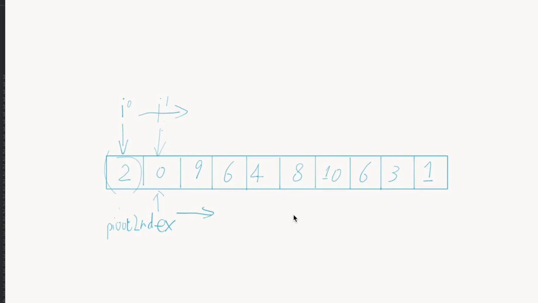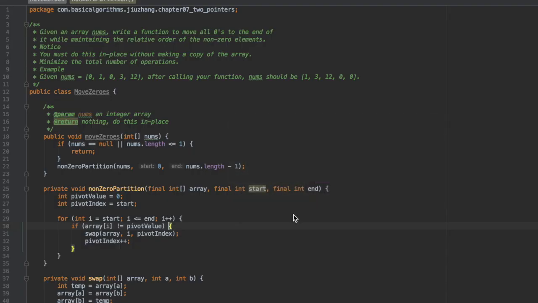And then I moves through, I2. Now we swap the 9 with the pivot index. Then gradually we squeeze the zeros to the end of the array. So this is almost the same idea as the quicksort partition, but we just change the condition here.